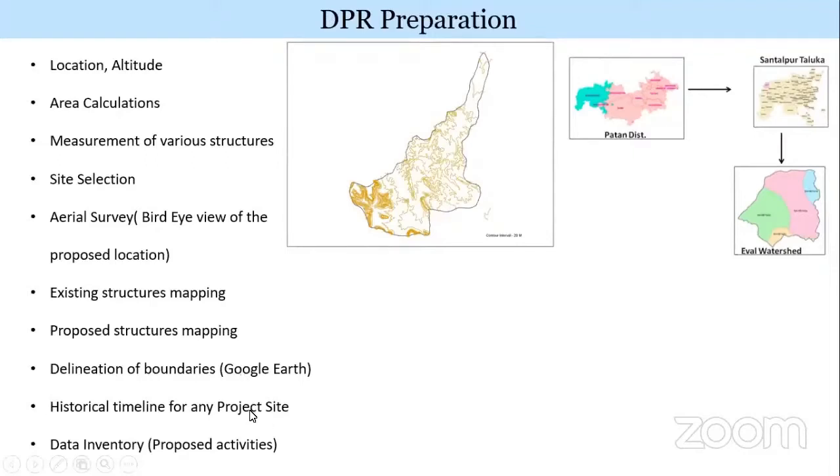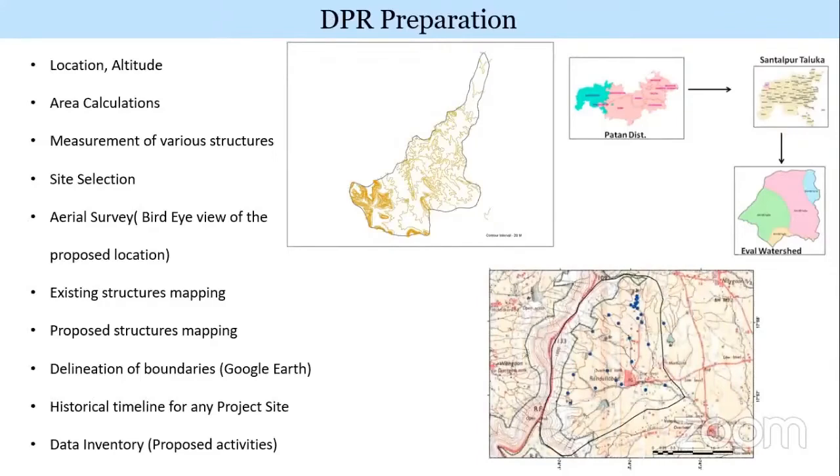We also get a historical timeline for any project site. So if we want information from 10 years back or 20 years back, that information is available on Google Earth, and we can use that for preparation of the DPR. And a data inventory can also be created by using these applications.